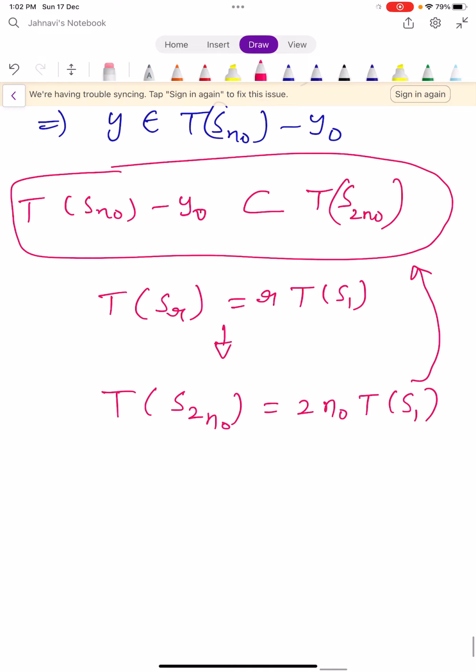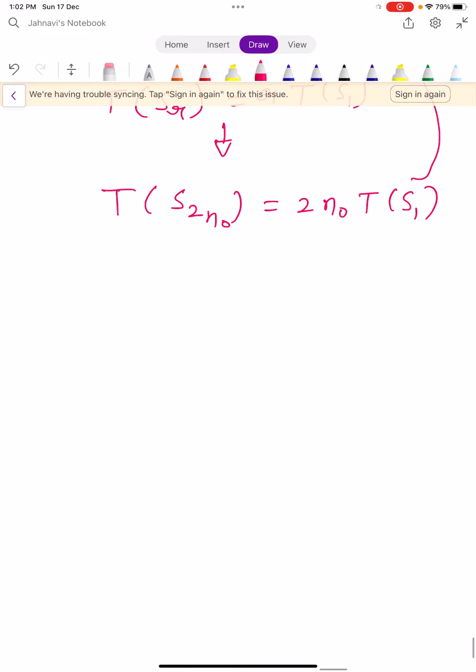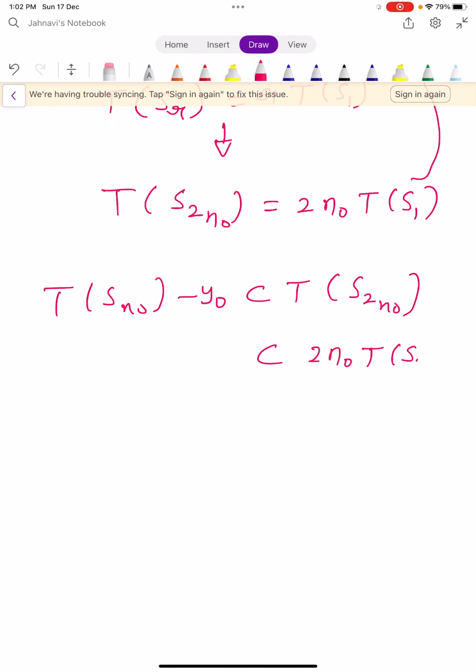Applying the same property, T of Sn naught minus y naught is a subset of T of S2n naught, which is clearly a subset of 2n naught T of S1. Let it be equation number 4.